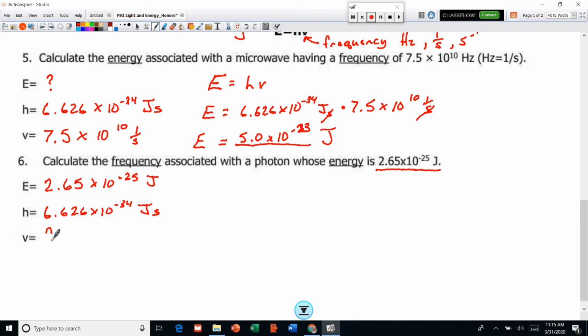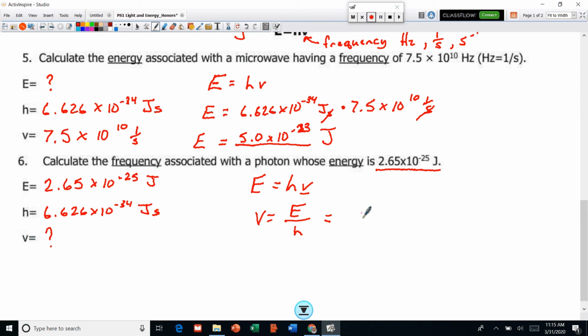And then we want to know frequency. So in this case, E equals HV, we want to solve for V. So V equals energy over Planck's constant.